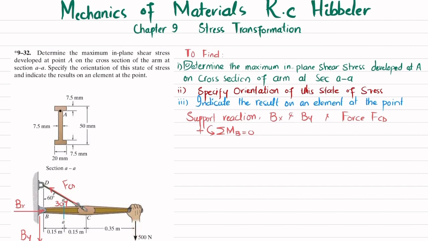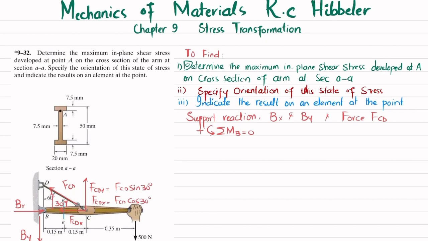This force FCD will have two rectangular components, one in this direction, the FCD X component, and the other is this one, the FCD Y component. Clear? So FCD Y will be equal to FCD sine of 30 degrees, and FCD X will be equal to FCD cos of 30 degrees.